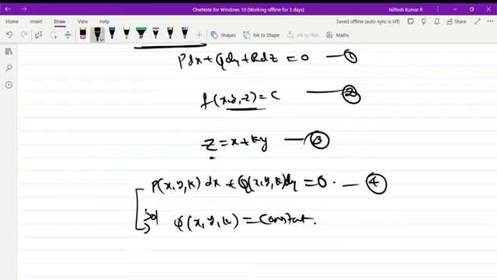So when I vary this k, this will represent, let's name this as equation number 5. And okay, one more step.